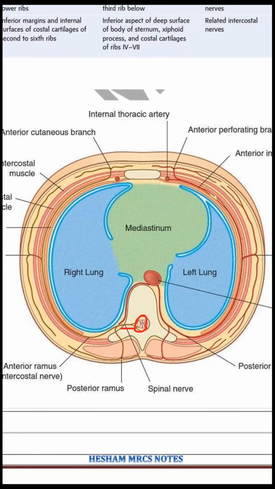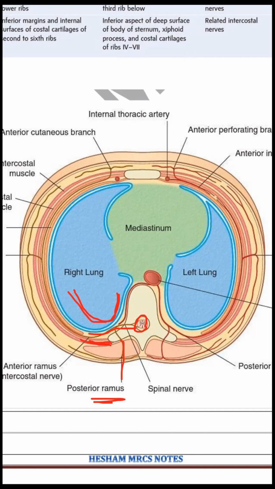Then the posterior ramus, while it will continue by the anterior. The anterior passes first between the pleura and the posterior intercostal membrane, which is formed of the internal intercostal muscles.